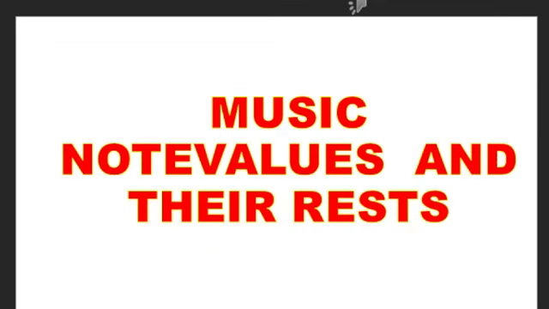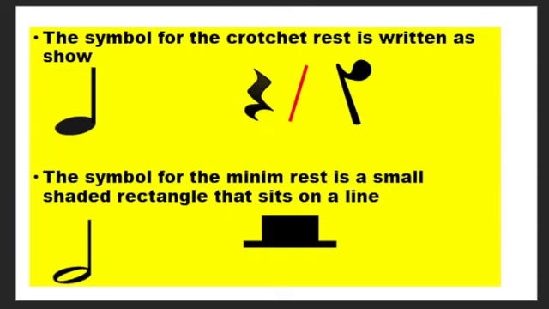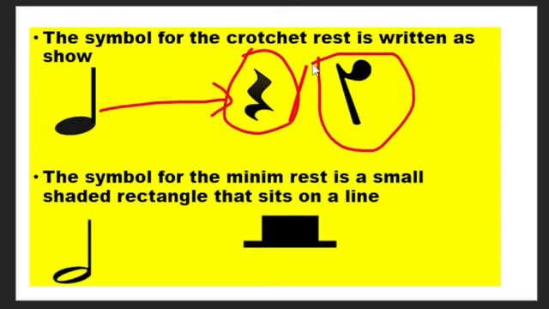Now let's look at the note values and their rests. Let me change the pen. Here is the rest of the crochet. It looks like the magic 7.